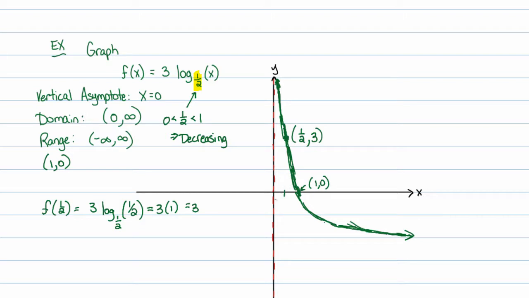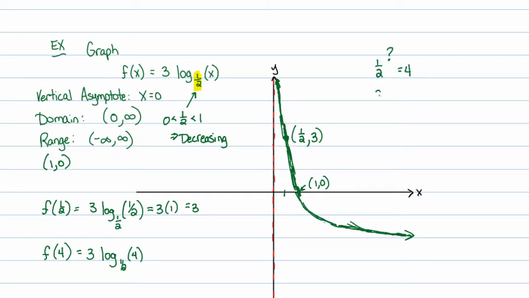And then you could plug in something else. Some power of 2 probably is a good idea. So let's try f of 4. Say we're plugging in x equals 4. See, it's 3 times log base 1/2 of 4. So I need to ask myself, 1/2 to what power is going to equal 4?